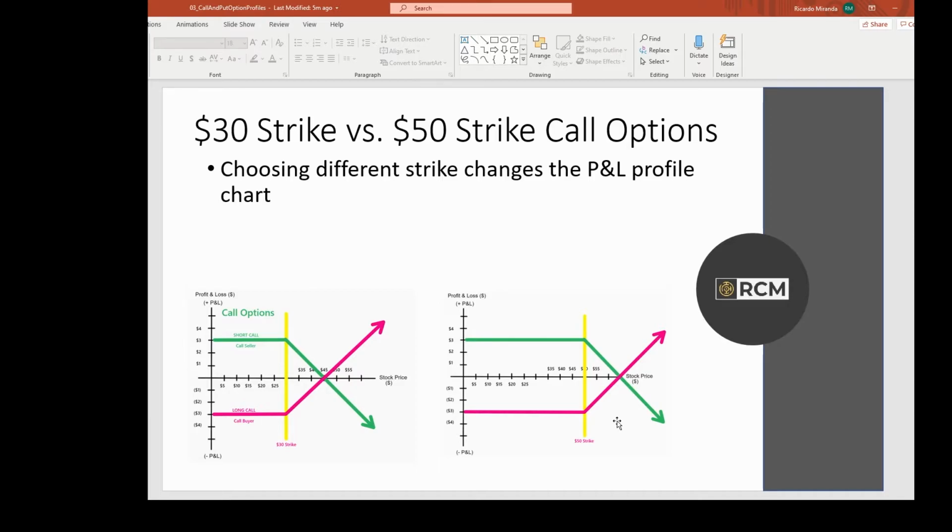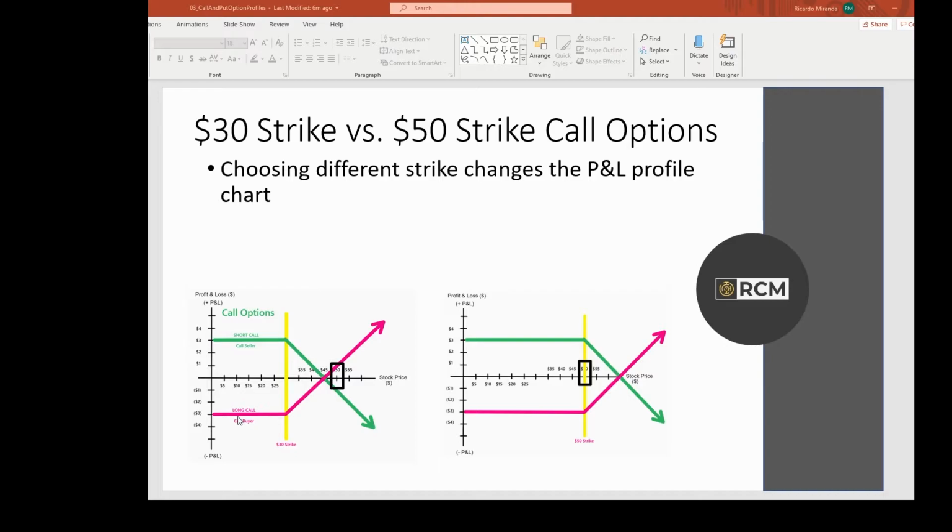Let's say, for example, the current price of this stock is at $50 here for the call options, and $50 here for the $50 strike. These are both call options. We're comparing two different options with two different strikes. We're looking at the option with the $30 strike, and we're looking at the option with the $50 strike.